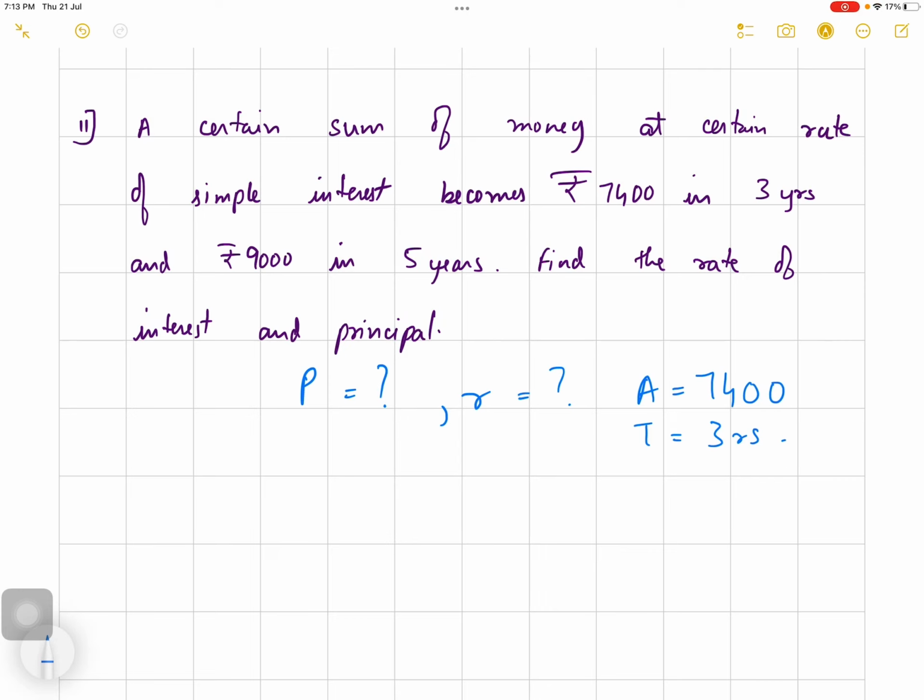The same principal and the same rate, rupees 9,000 in 5 years. That means the principal is the same. If we keep that amount for 5 years, if T is 5 years, then A is equal to 9,000.